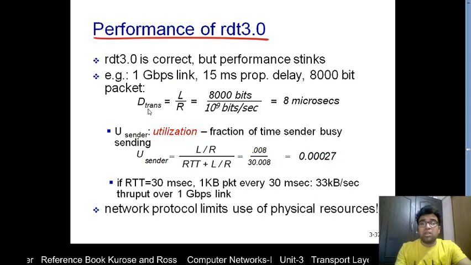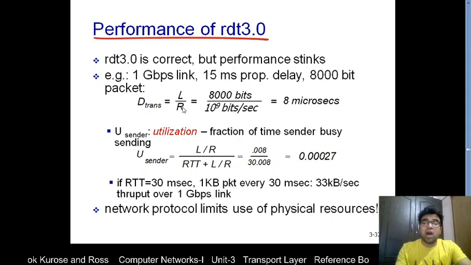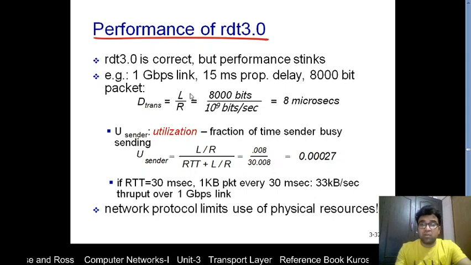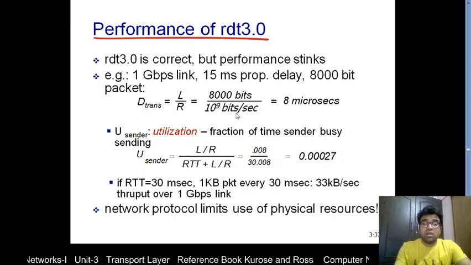This is D transmission delay, which is all about L by R, where L is the number of bits present in a packet and R is the transmission rate in bits per second. So fraction of L and R. Transmission delay is all about length of a packet in bits and transmission rate. So it's all about L by R.